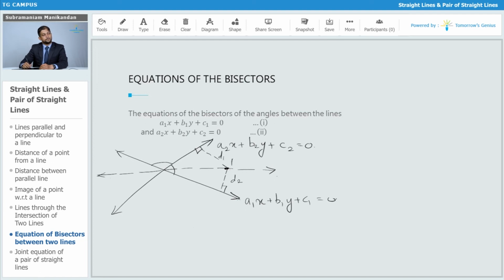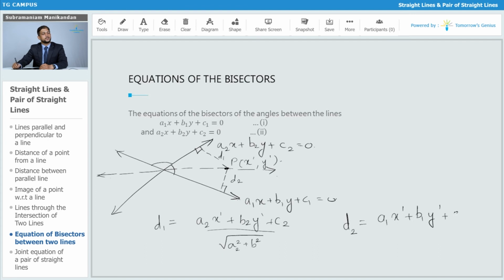the distance of this point P, let us suppose the coordinates of the point P are x dash and y dash, then d1 equals a2 x dash plus b2 y dash plus c2 by square root of a2 square plus b2 square. d2 is given by a1 x dash plus b1 y dash plus c1 divided by square root of a1 square plus b1 square.